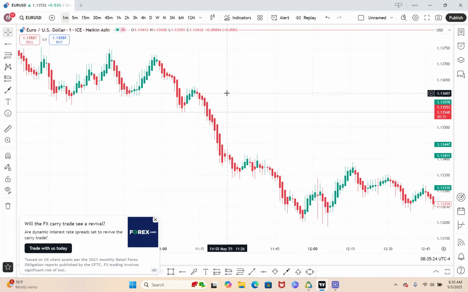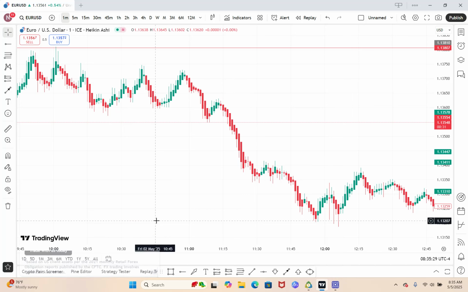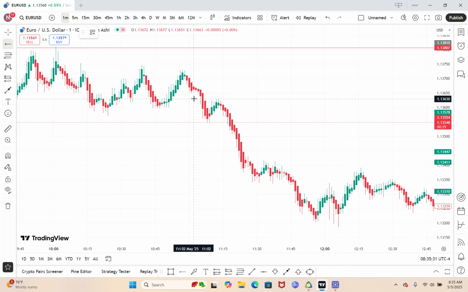Basically here, we might be able to get a short-term trade from this.